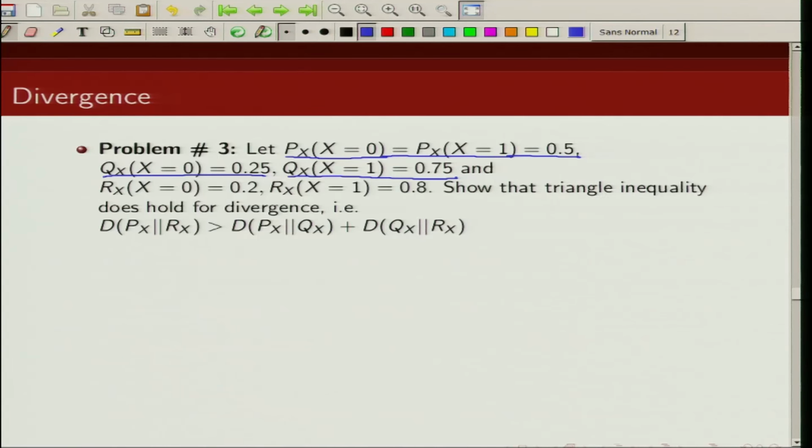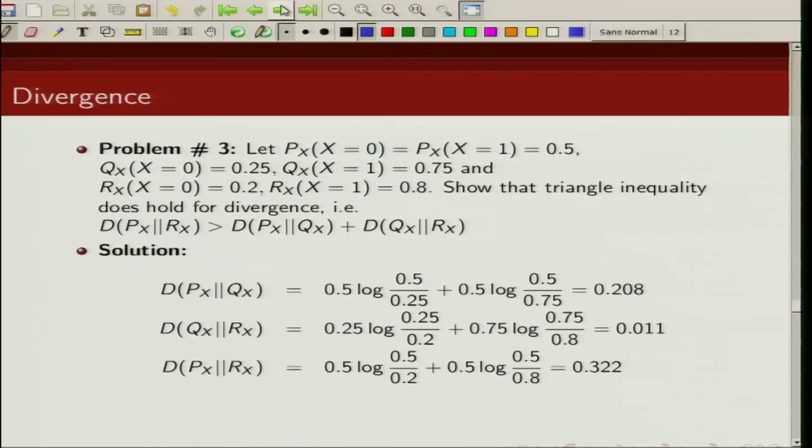These all take binary random variables 0 and 1. And r of x, for x equal to 0, is 0.2, and for x equal to 1 is 0.8. We want to show that the triangle inequality, in other words divergence between p and q plus divergence between q and r, is not greater than divergence between p and r. So with this simple example we want to illustrate that the triangle inequality does not hold for divergence.